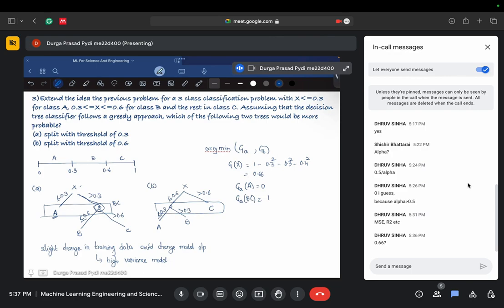B has a weight of 0.3 out of a total of 0.3 plus 0.4, or it could be C as well, which has the remaining ones. So this would give you a value of 9 plus 16, 25 by 49. So 1 minus 25 by 49.